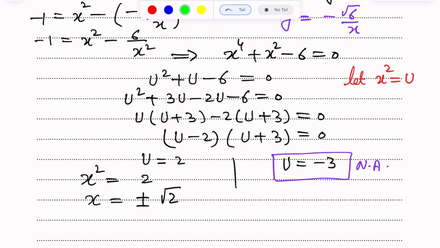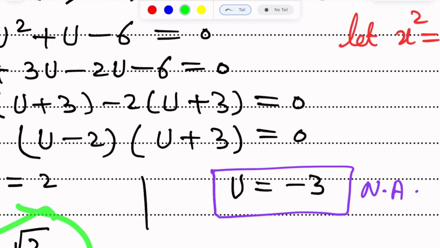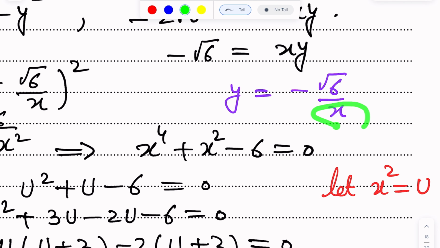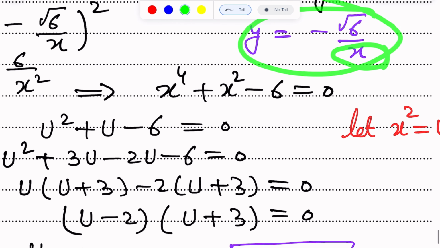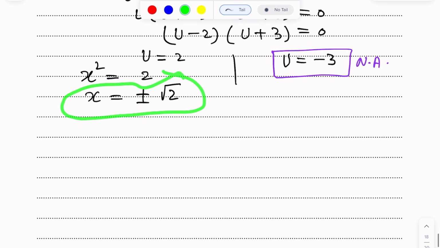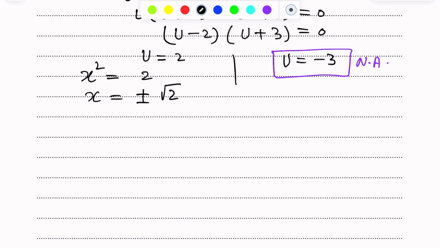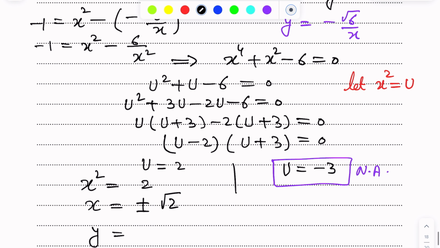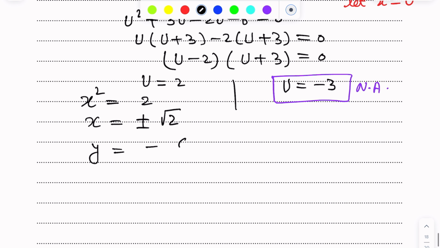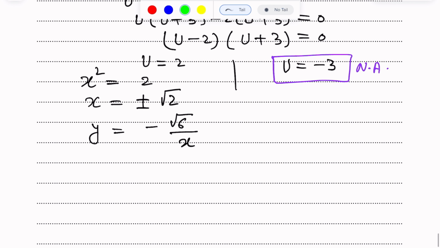Now putting this value of x in this equation, we get two values of y. This step is tricky. y is equal to minus under root 6 over x.